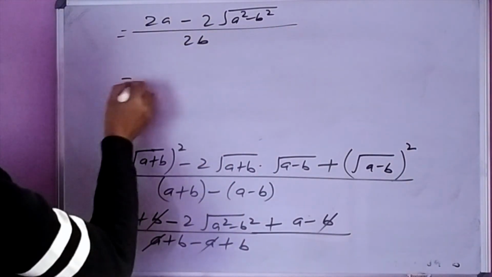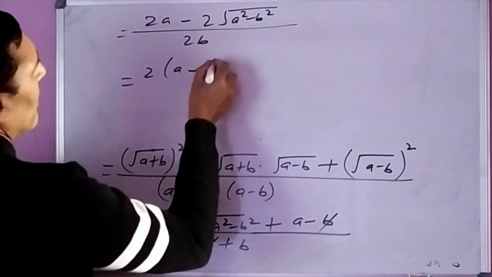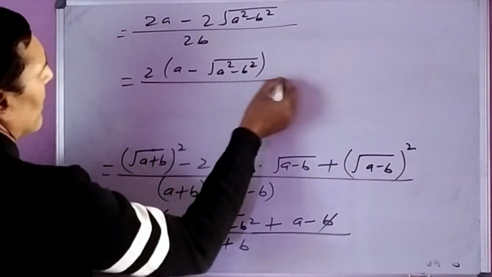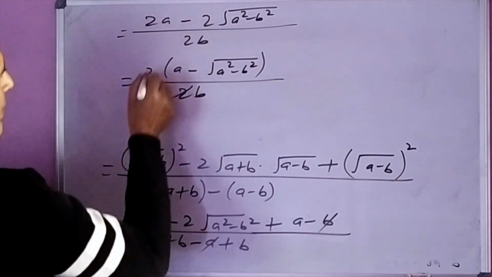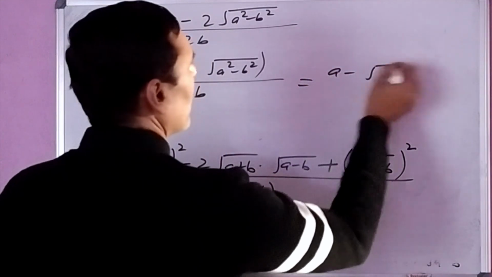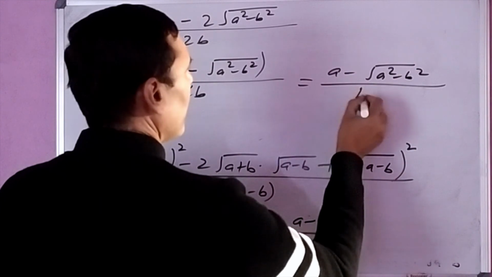Here also we can take 2 common, so a minus under root a square minus b square 2b. 2 cancel, so what will remain there in numerator? A minus under root a square minus b square, and denominator we have b.